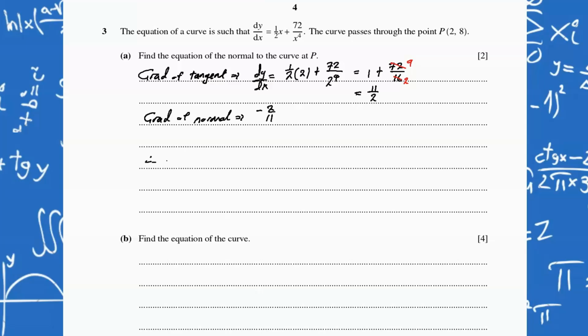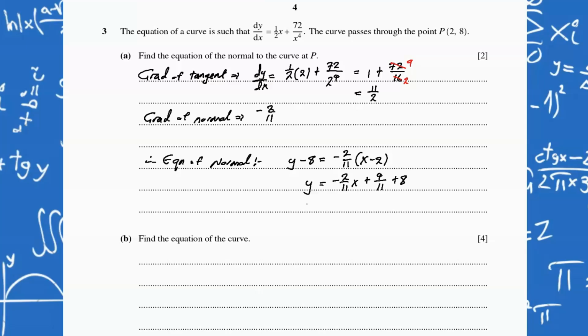And therefore, we can find the equation of the normal now. For the equation of the normal, we can say y minus y1, which is 8 in this case, is equal to minus 2 over 11 of x minus 2. So y is equal to minus 2 over 11 of x, and when we multiply minus 2 over 11 by minus 2, that will be plus 4 over 11, and plus 8.